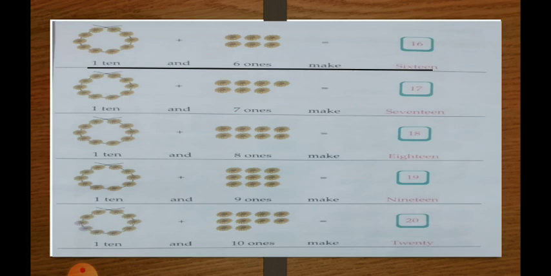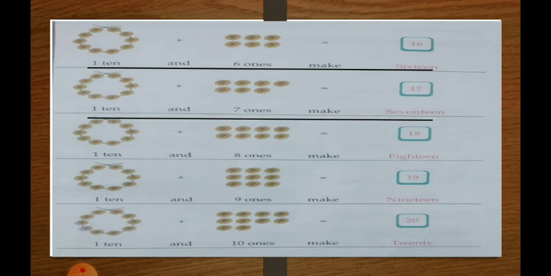So you can say that 1 ten and 7 ones make number 17. So what is the number name for 17? SEVENTEEN, 17.